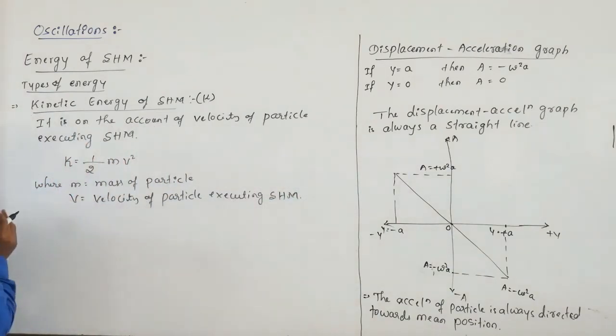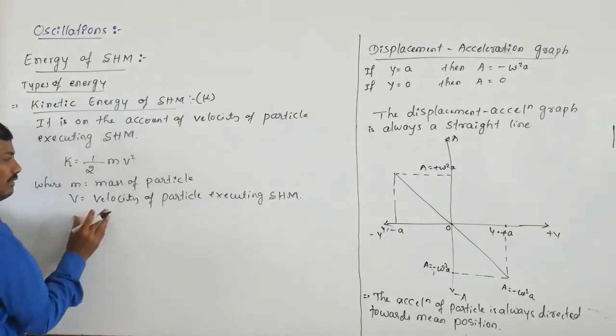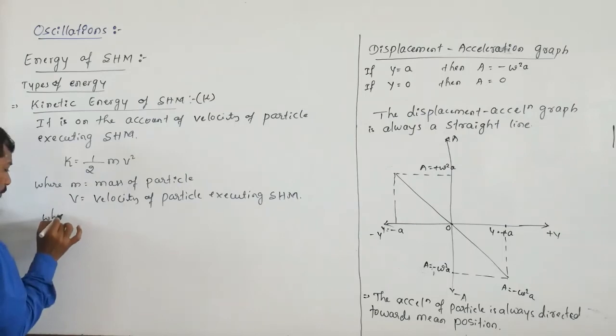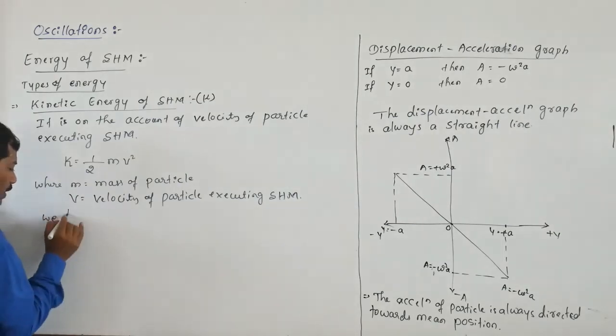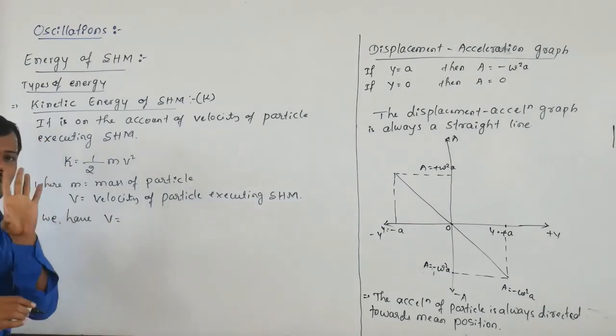If it is like this, the kinetic energy is equal to, we have to substitute the velocity equation. We have two equations of velocity.